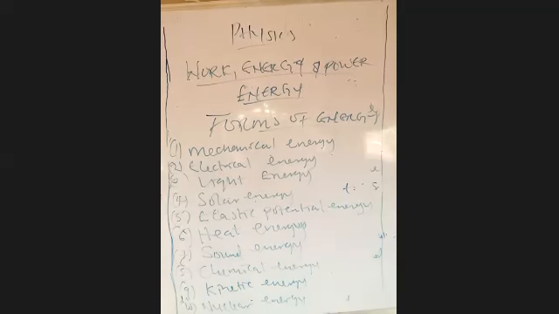Gravitational potential energy is associated with height above the ground. Any height that's above the ground is associated with gravitational potential energy. Now we also have magnetic energy. Magnetic energy is associated with magnetism. And finally, we have rest energy.